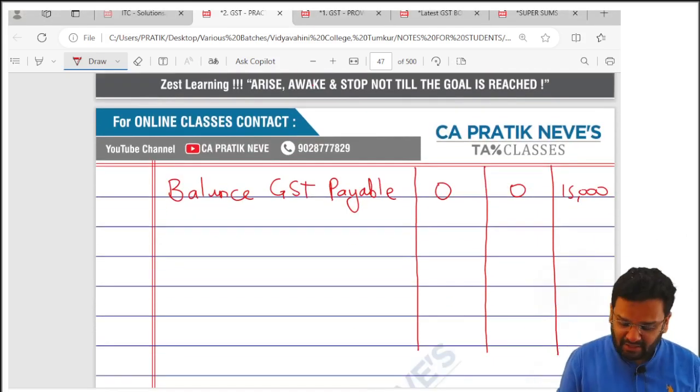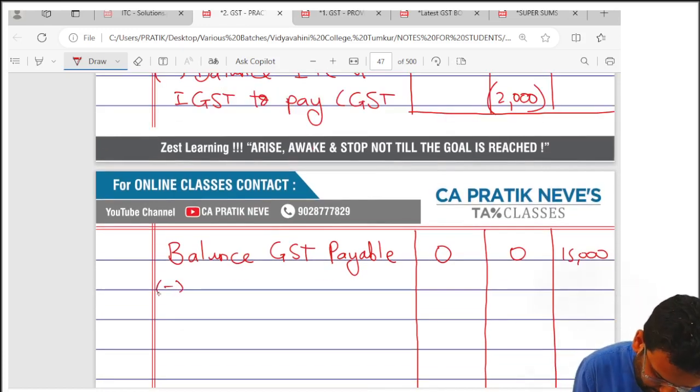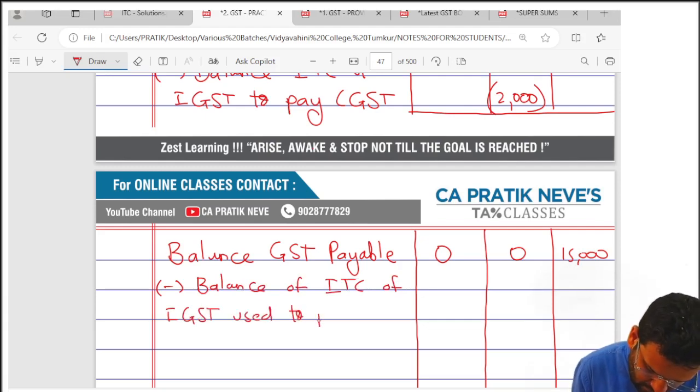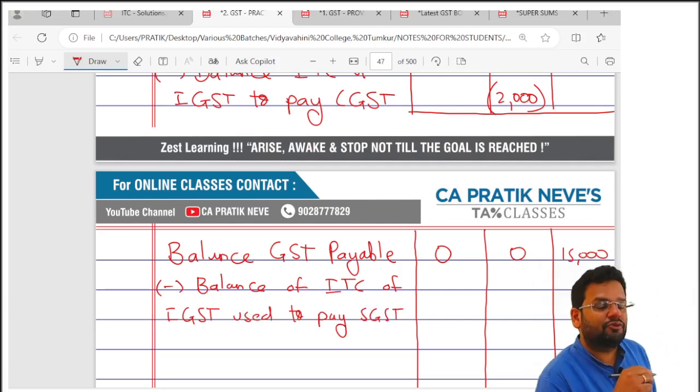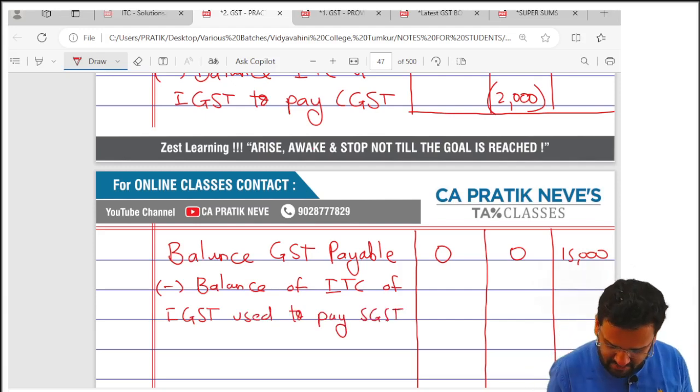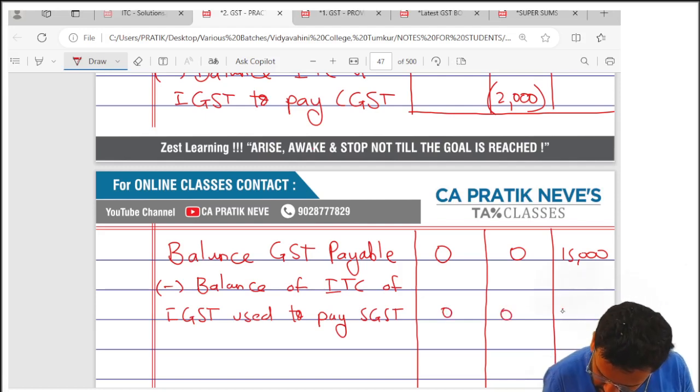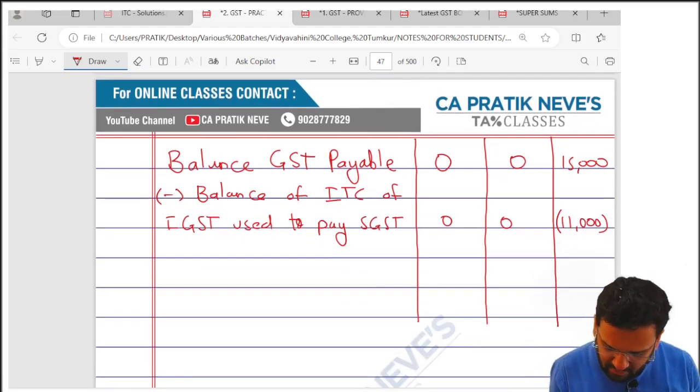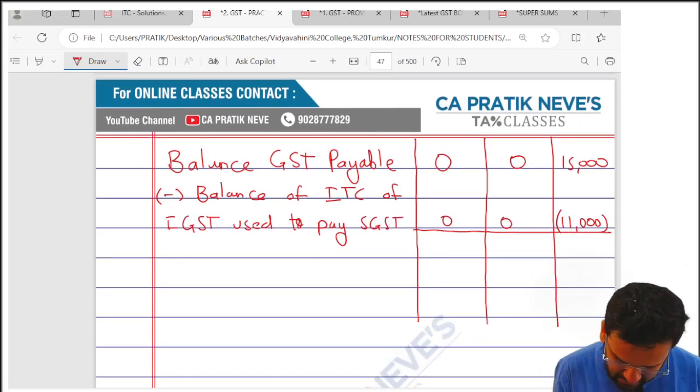What is the remaining amount? So the balance of IGST used to pay SGST, agreed. How much is the balance? 11,000. Use it please. Now tell me what is net GST payable?